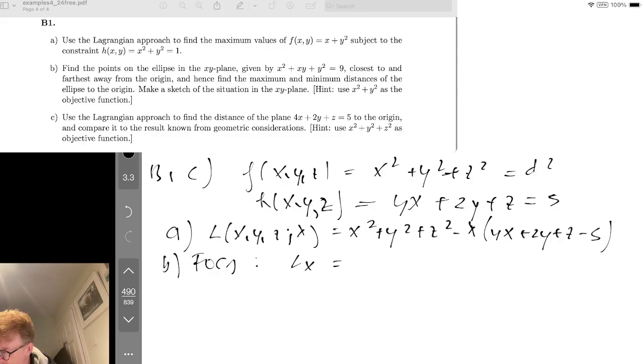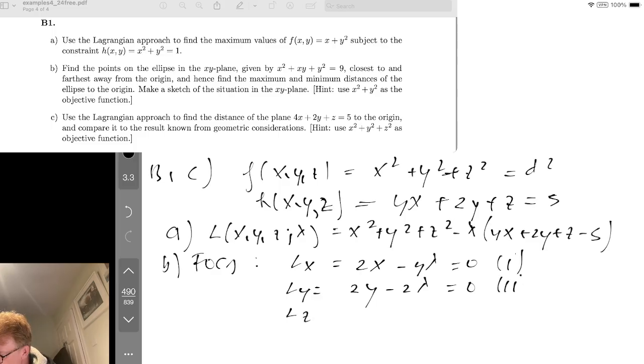Lx is what? 2x minus 4 lambda is 0. Ly is 2y minus 2 lambda is 0. Call this 1, call this 2, call this 3. Lz is 2z minus lambda is 0.